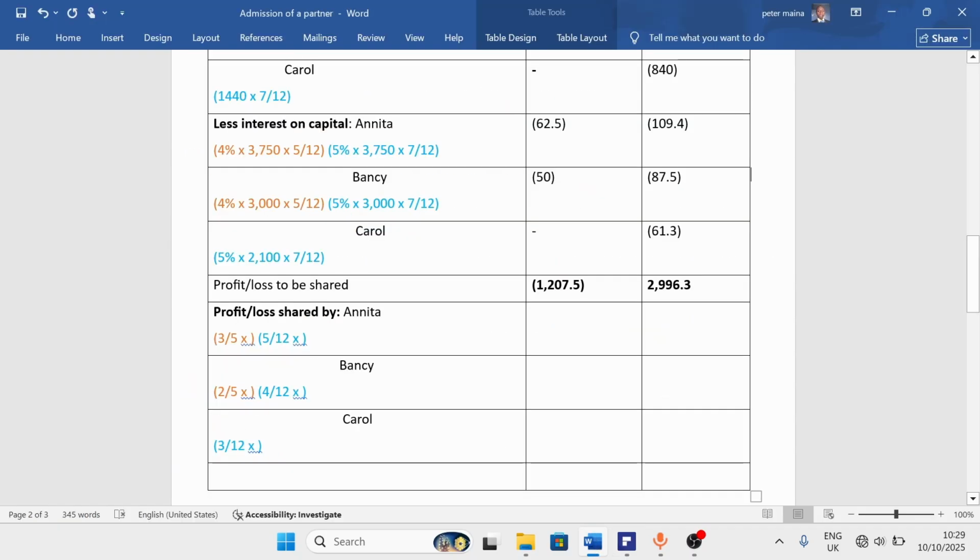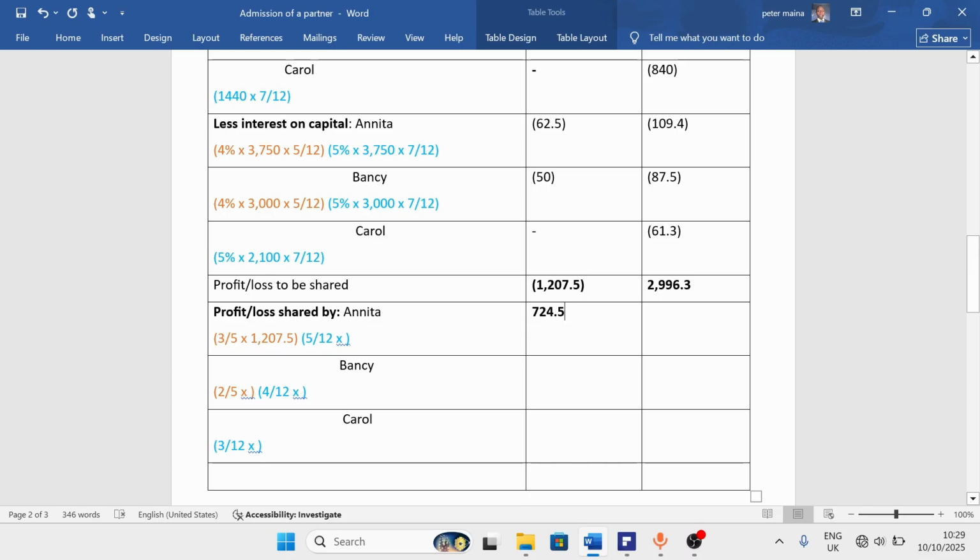So in the first half, Anita is going to take 3/5 of 1207.5. So let us calculate that. 3 divided by 5 multiplied by 1207.5 gives us 724.5.